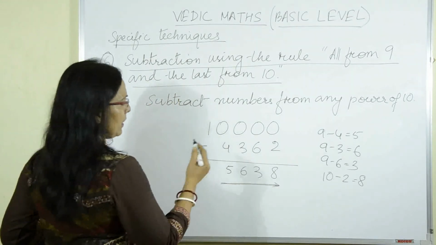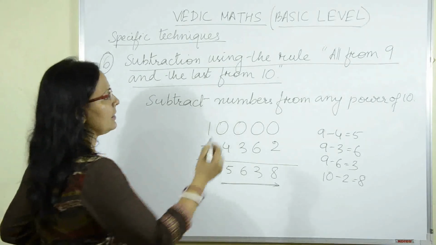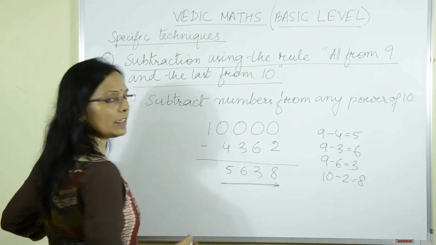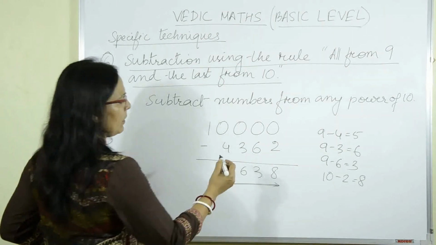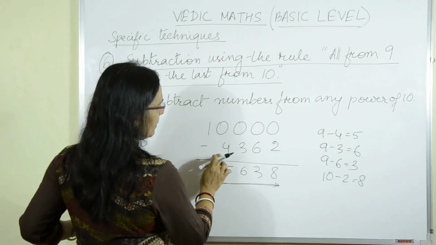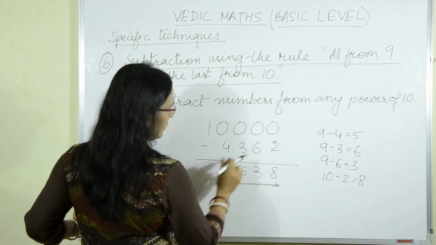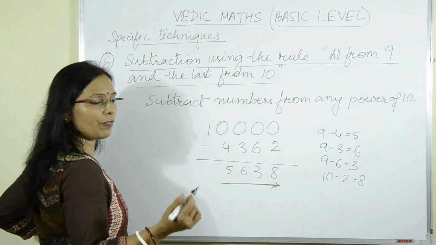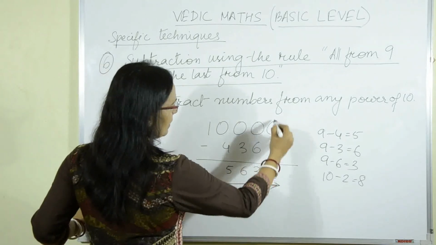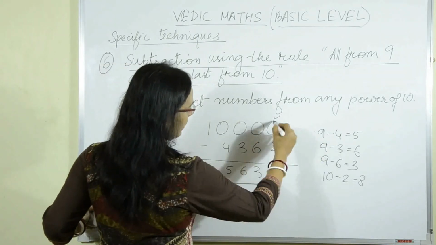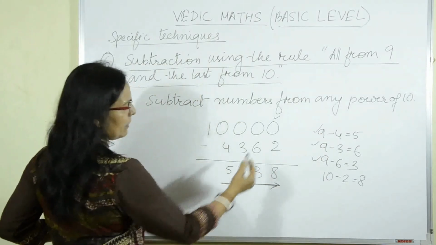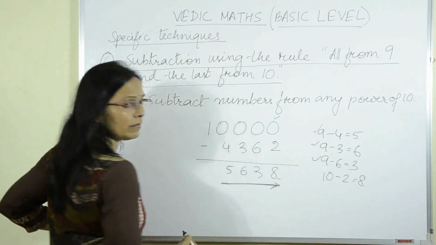Now the limitation here is that this has to be a power of 10. Then only you can do it in this method. So once again, it starts from the left hand side and goes to the right hand side. When they say all from 9, every digit until the last number is subtracted from 9, as you can see, but the last one is done from 10.